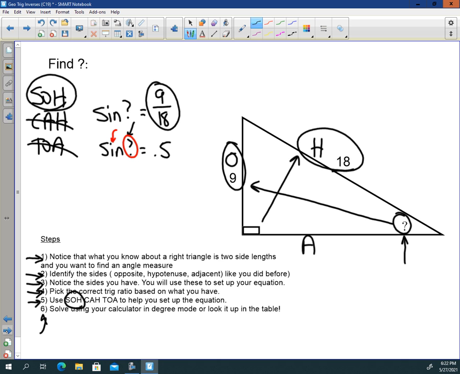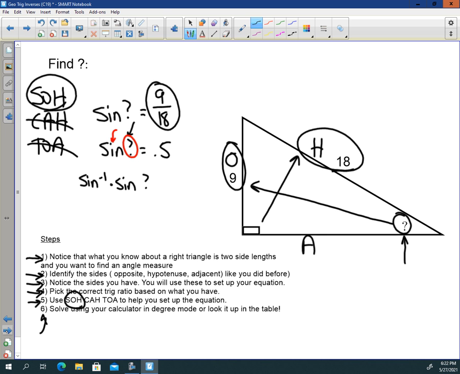It looks like sine to the -1, and it's the button right above the sine button on your calculator. My calculator has a sine to the -1, and that is the most common. What that button does, if you multiply it essentially by the sine, is that it cancels it.